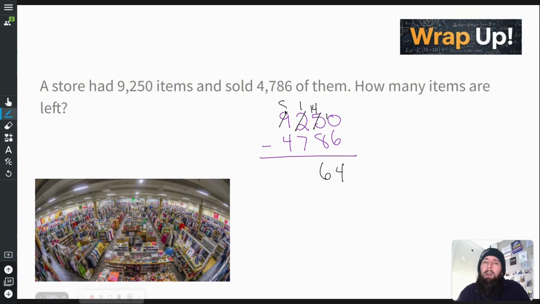Borrow from 9 to make you an 8. So now it's 11 minus 7, and 11 minus 7 is 4. 8 minus 4 is 4, and that leaves me with 4,464. So how many items are left? 4,464 items are left.